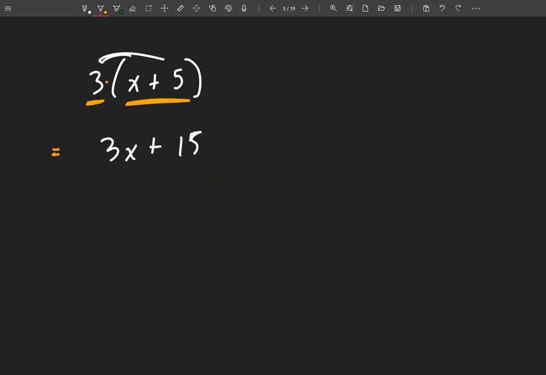So if I was given this, if I said, okay, I'm going to give you 3x plus 15, and can you factor that? What I'm asking you is, can you turn it into two things that are multiplied together? Well, yeah, it's this thing times this thing, right? That fits the bill, doesn't it? That's two things that are multiplied together to give me that final thing.